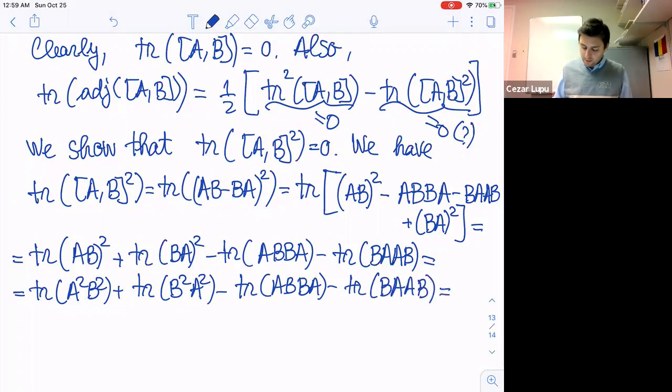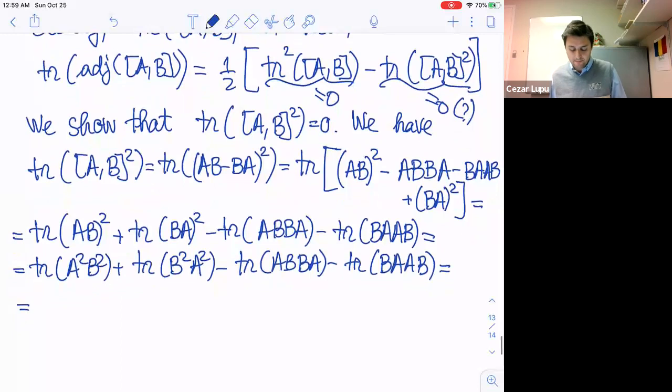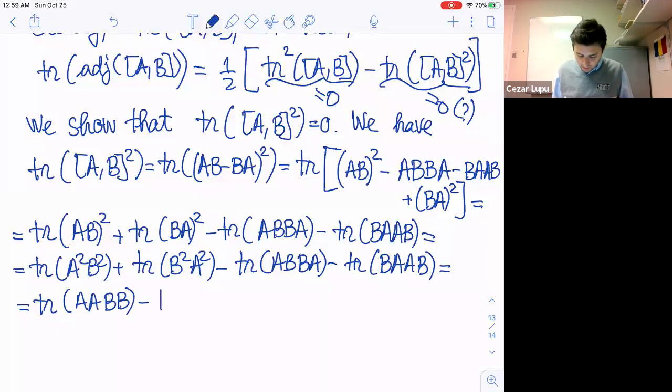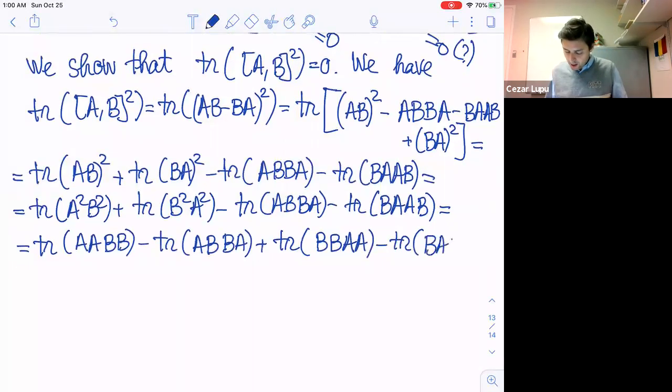So you can group them. So this will be minus trace of AB BA, plus trace of B BAA, minus trace of B AAB.